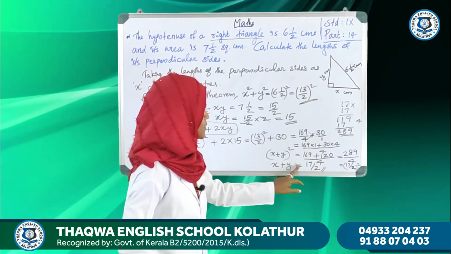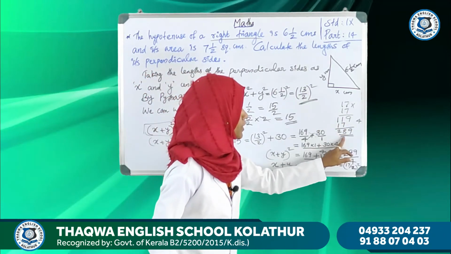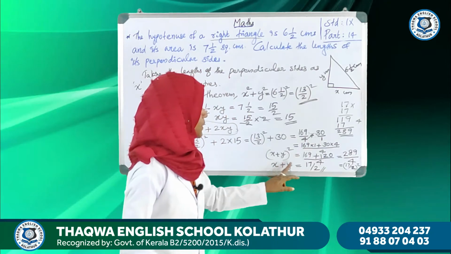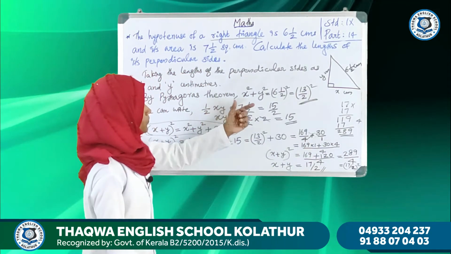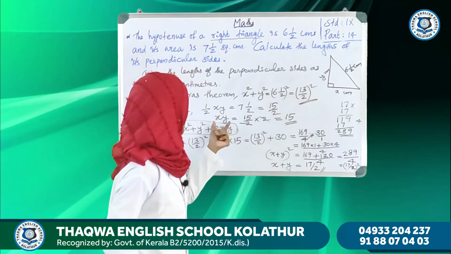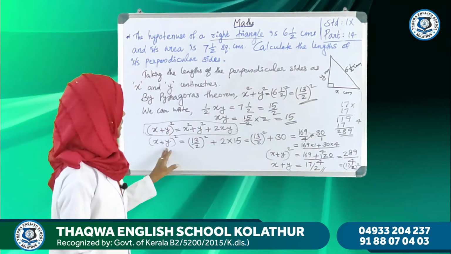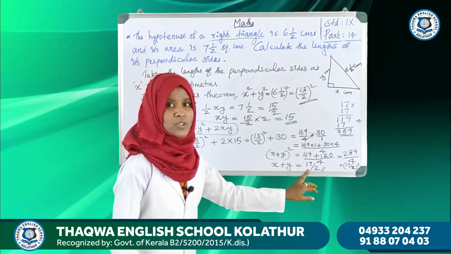So x plus y is 17 by 2. 17 into 17, 289. Then 2 square 4. Now x square plus y square 13 by 2 whole square, then xy 15. By using these two relations, now we got x plus y as 17 by 2.